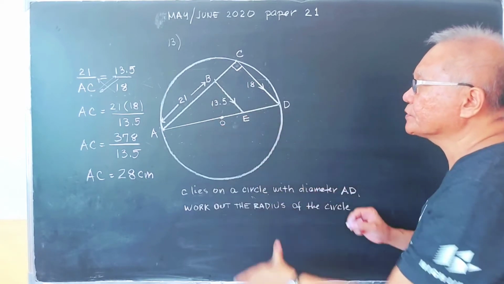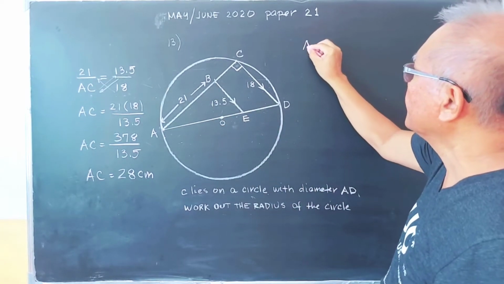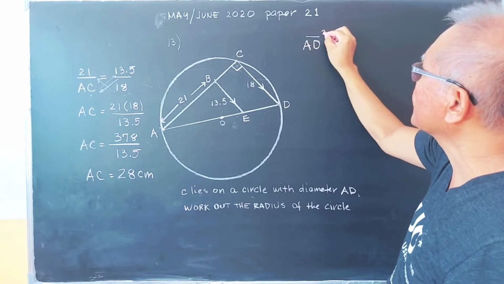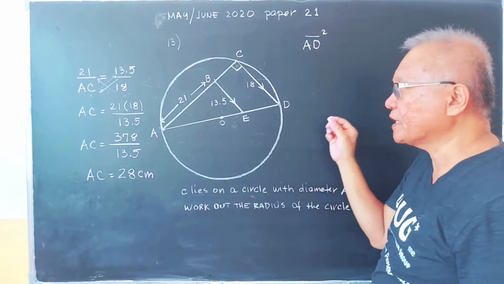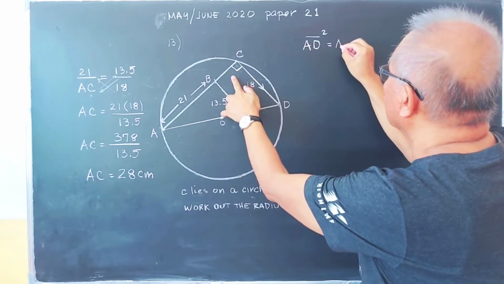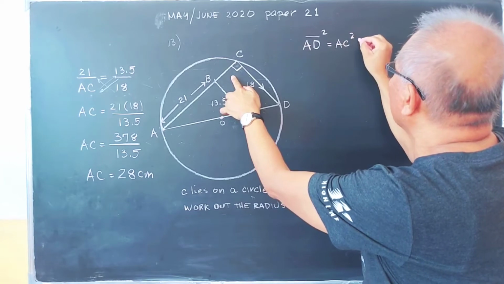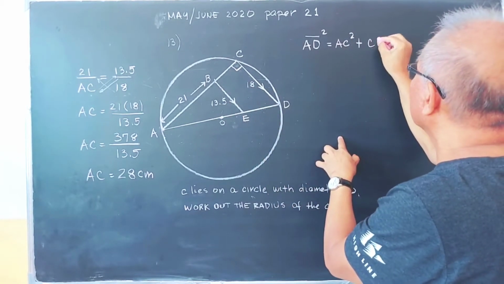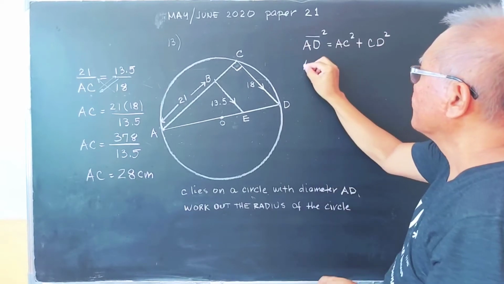So AD, the hypotenuse, raised to the second power is equal to side AC squared plus side CD squared. We solve for AD.